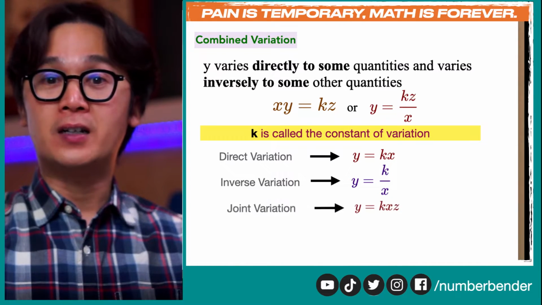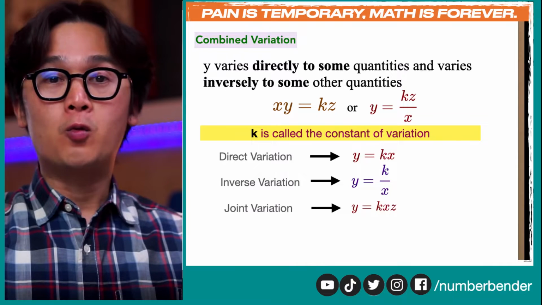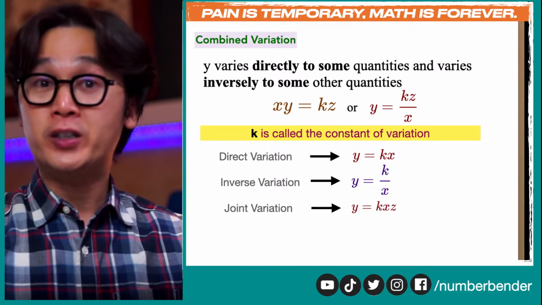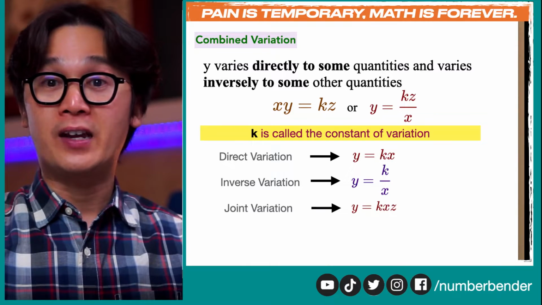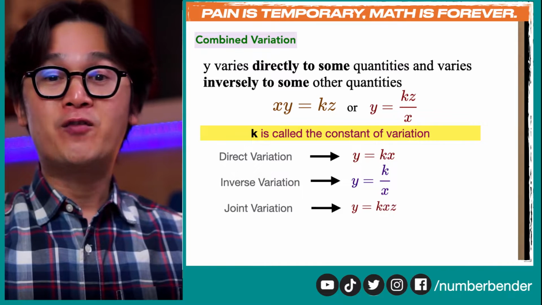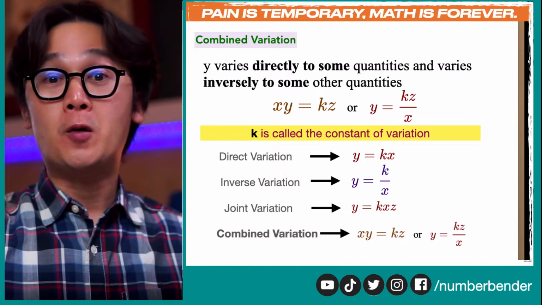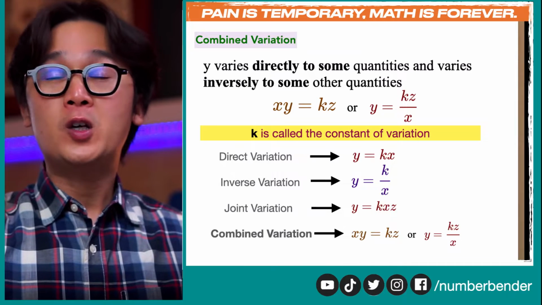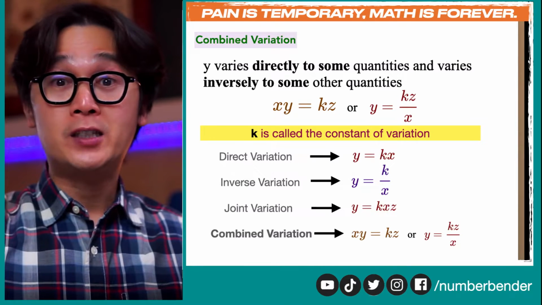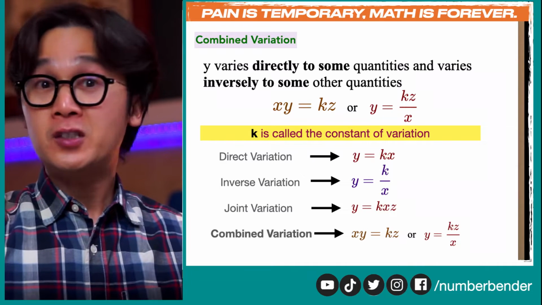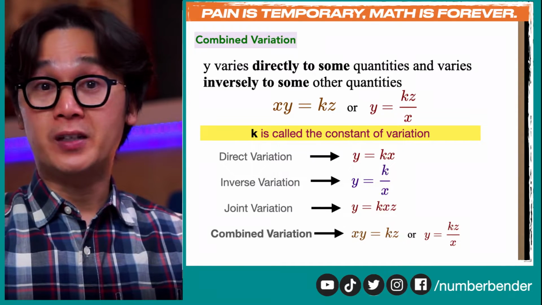And we have joint variation where we are working with two or more variables in order for us to produce our output given by y equal to k times x times z. And for today, we're going to be using combined variation, which is we're going to be working on two or more relationships or combination of any of those three relationships that we've had from our previous lessons.